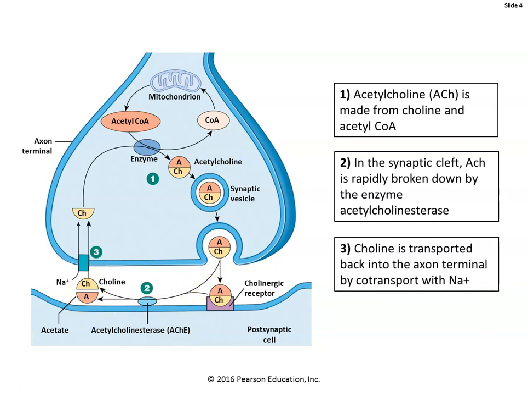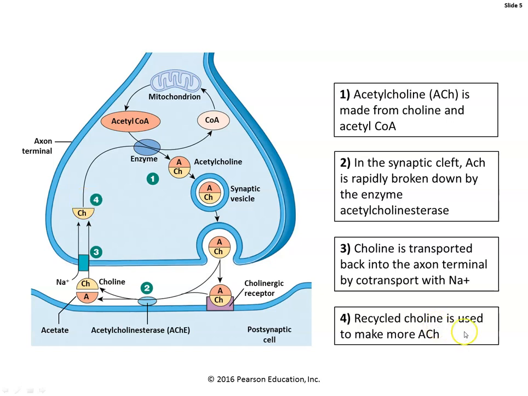And guess what the body can do? It can take those parts and suck them back up into a reuptake channel, okay? Yes, it has co-transport with sodium, and that's another way that you can get sodium back into this presynaptic neuron, but don't worry about that. Reuptake channel, I get these parts back into the neuron, and I can make acetylcholine again. How beautiful is that? That I can recycle choline to make more acetylcholine.